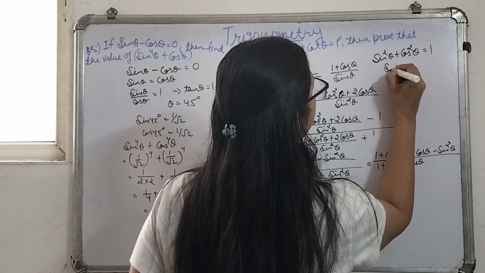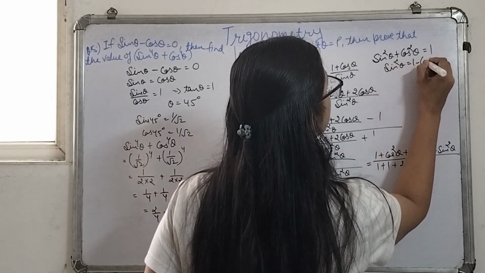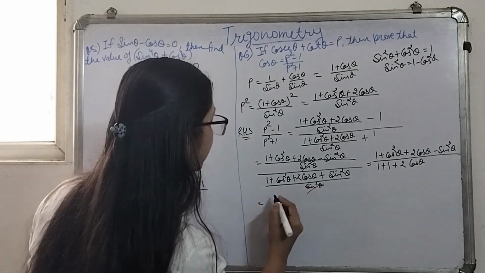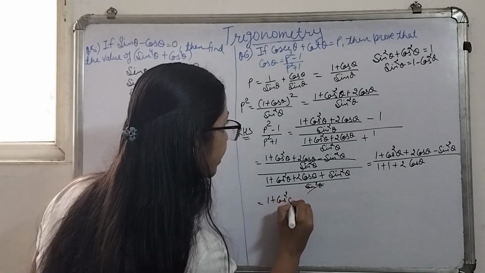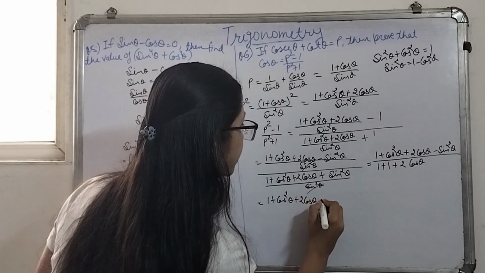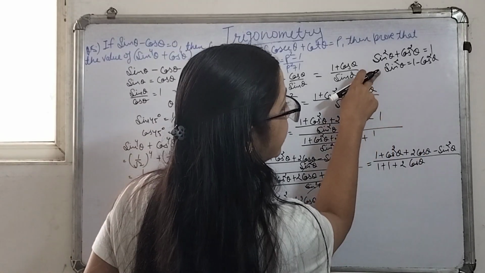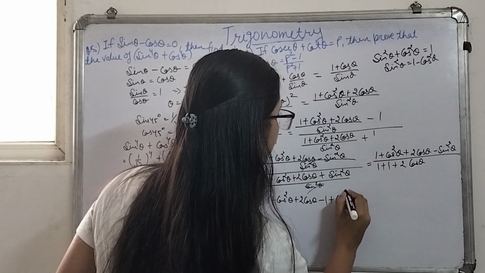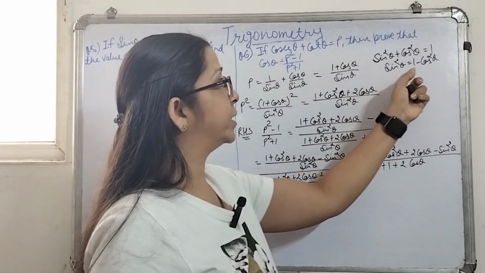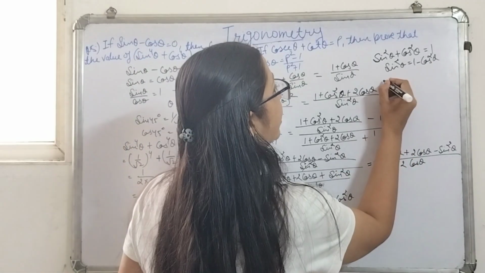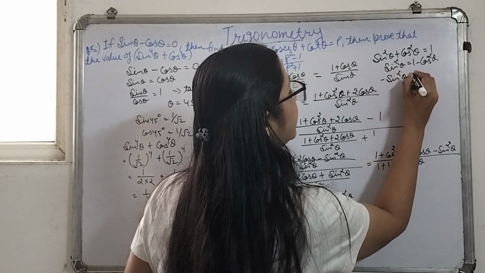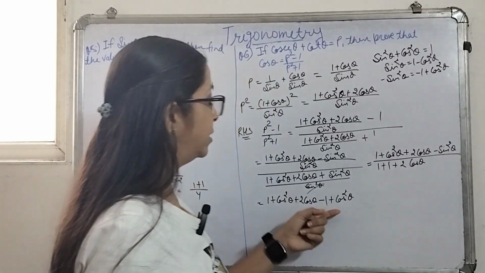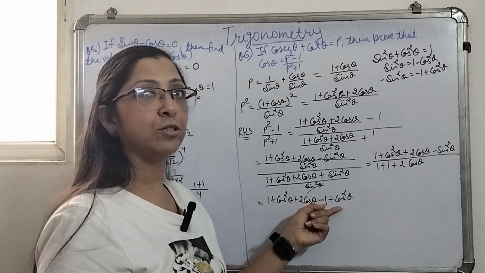We will write this. The numerator will become 1 plus cos square theta plus 2 cos theta minus sin square theta. Because the value of sin square theta is 1 minus cos square theta, the value of minus sin square theta will be minus 1 plus cos square theta. So instead of minus sin square theta, we have written minus 1 plus cos square theta.